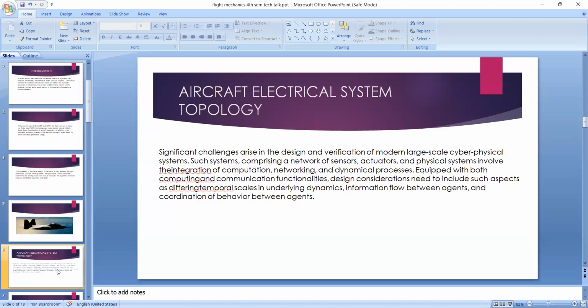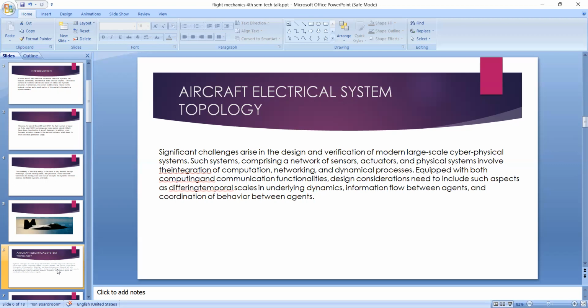Aircraft electrical system topology. Significant challenges arise in the design and verification of modern large-scale cyber-physical systems. Such systems, comprising a network of sensors, actuators, and physical systems, involve integration of computation, networking, and dynamical processes equipped with both computing and communication functionalities.